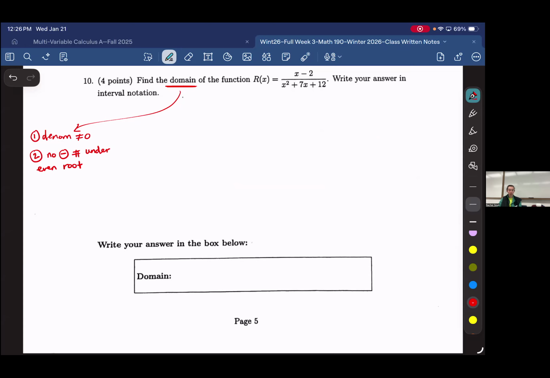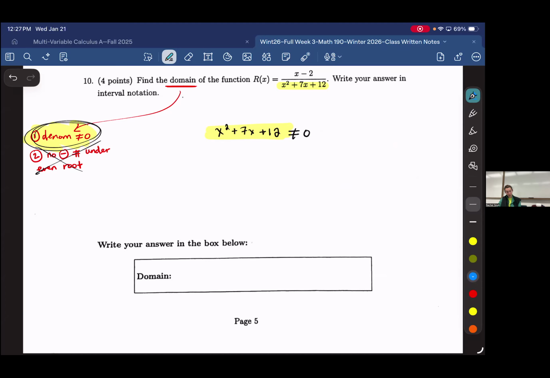Okay. Lucky for us, we have no roots here. We just have a denominator. So we can cross out that second condition. It doesn't apply here, and we just hone in on the first one by looking at the denominator and making sure that it doesn't equal 0. So x squared plus 7x plus 12 can't equal 0.